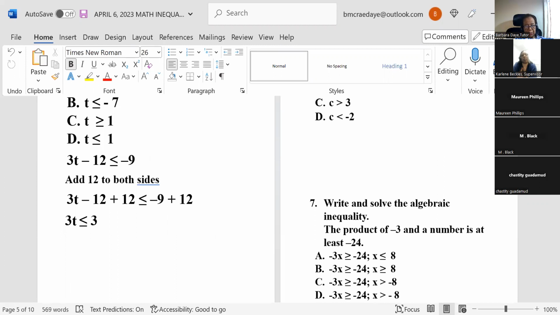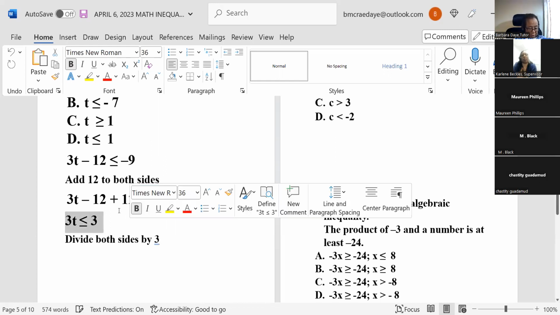If you don't multiply, you divide. So what do we divide? By 3. Divide both sides by 3. And what would that give you, Maureen?